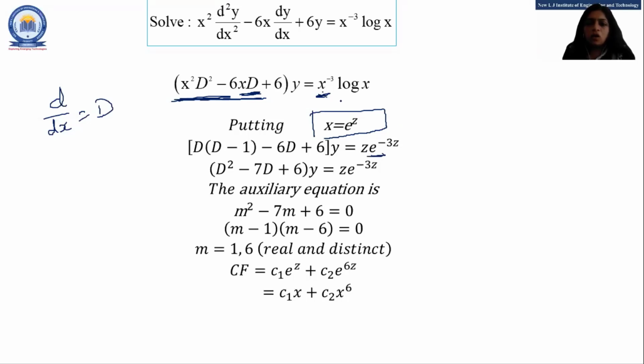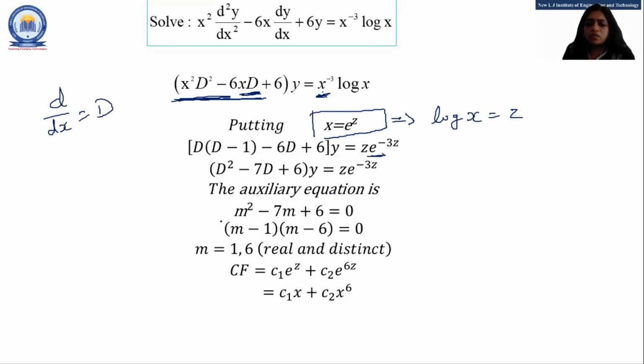And here log x is z, because x is equal to e raised to z implies log x is equal to z. So this log x is z, right? After simplification, here we have D square minus D minus 6D, that is minus 7D plus 6, into y is equal to z e raised to minus 3z.